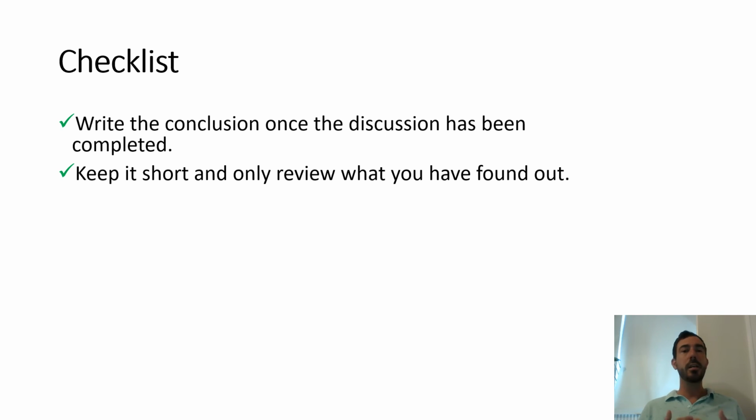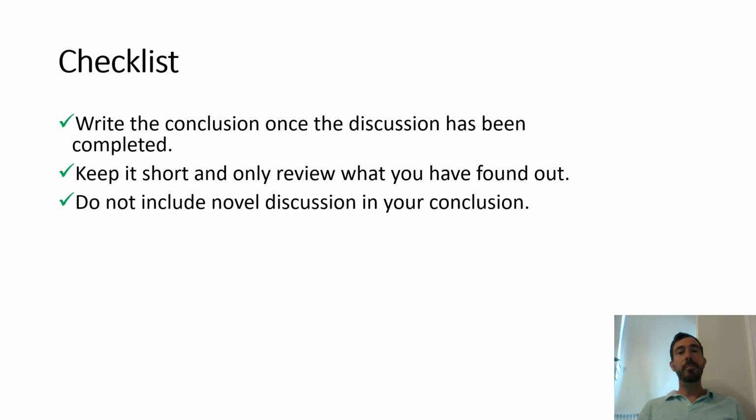No novelty, no discussion, no new information. Simply, this is my overall finding and why it's important. Remember to avoid referencing citation or novelty unless your work is based on precedent and you're referring back to that piece of work to contextualize your overall finding.